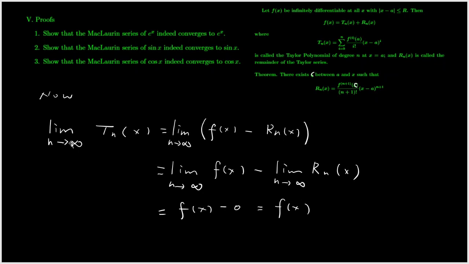You see the limit of the partial sum sequence of the Maclaurin series of sine of x is equal to f of x. In this particular case, sine of x. This means the Maclaurin series of sine of x indeed converges to sine of x.